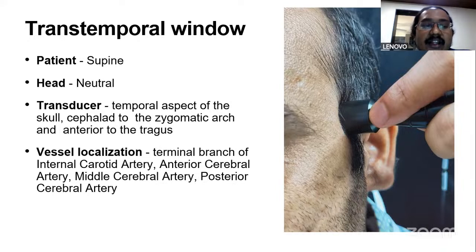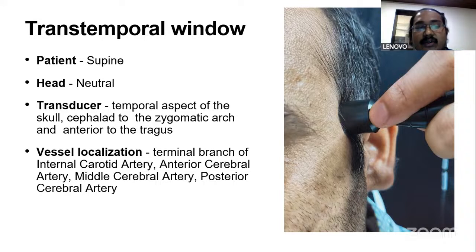The transducer is kept on the temporal aspect of the skull, above the zygomatic arch and anterior to the tragus. So if this is the tragus, and this is the zygomatic arch, we would like to keep our probe as near as possible to the tragus and just above the zygomatic arch.